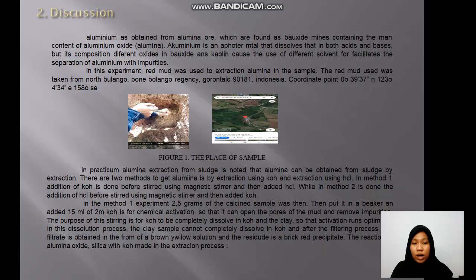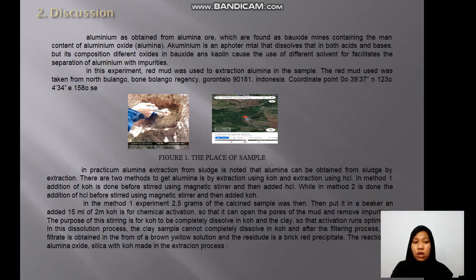In the method 1 experiment, 2.5 grams of the calcined sample was put in the beaker and 25 ml of 2 M KOH added. KOH is for chemical activation so that it can open the pores of the mud and remove impurities.